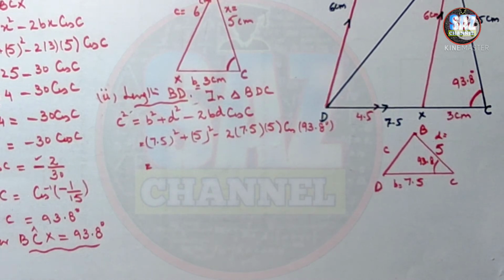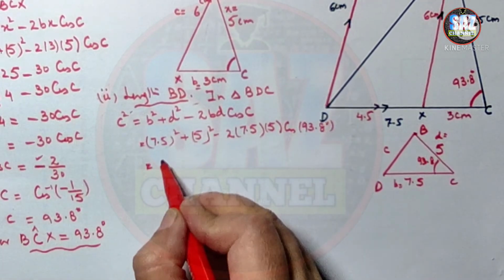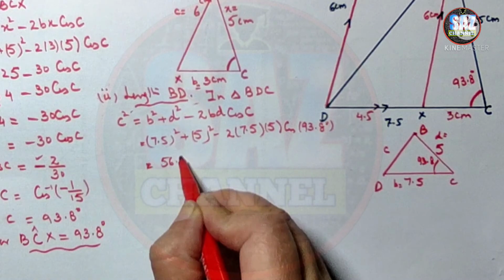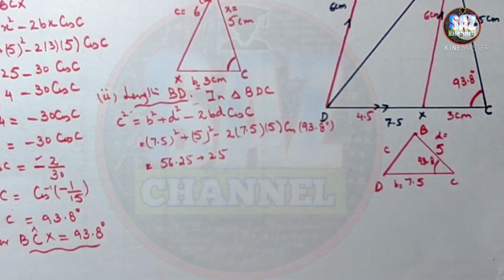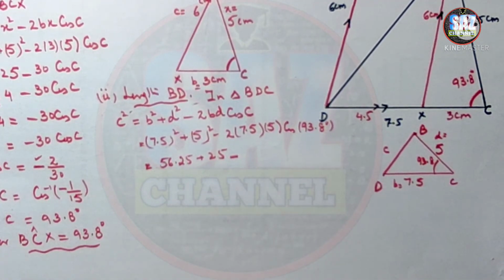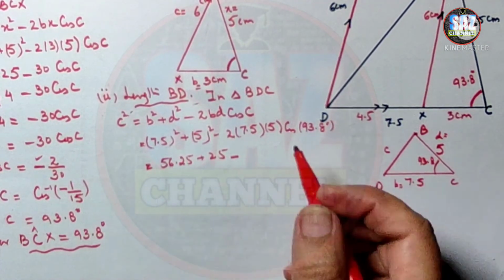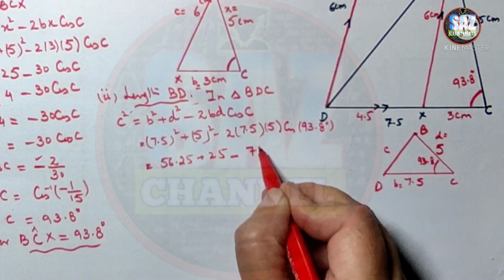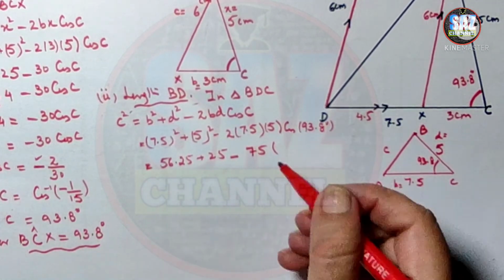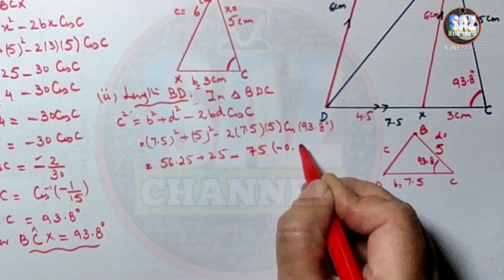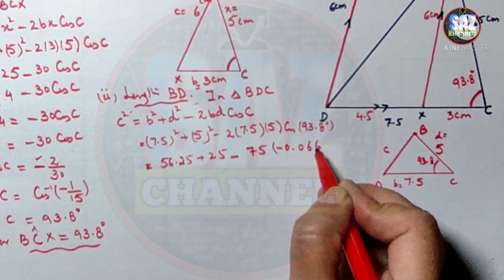7.5 square gives me 56.25 plus 25 minus 2 times 7.5 multiplied by 5, that is 75, and cos 93.8 gives me minus 0.0662.